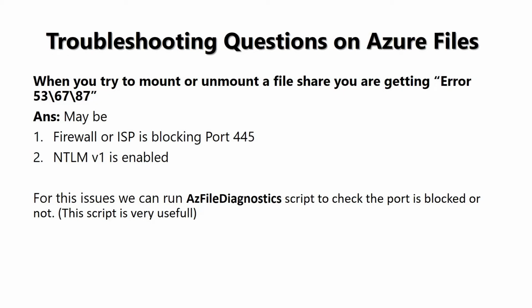For this issue we can run the AzFileDiagnostics script to check whether the port is blocked or not. This is a very useful script. It can be used for troubleshooting many scenarios around Azure files. This is a very important thing to point out in the interview.